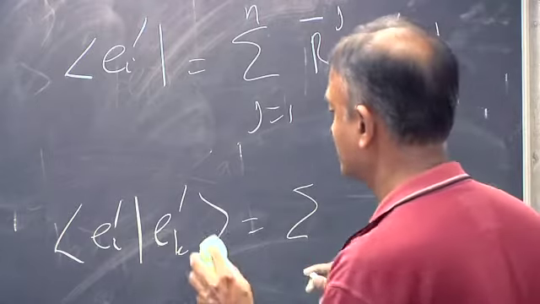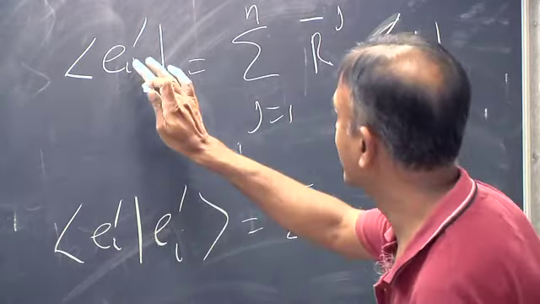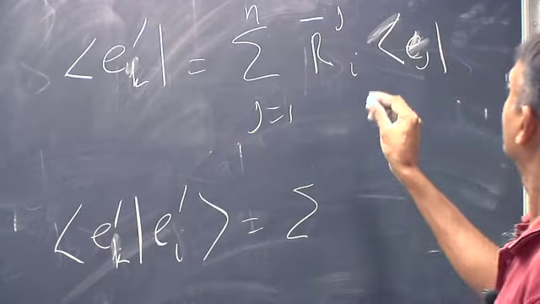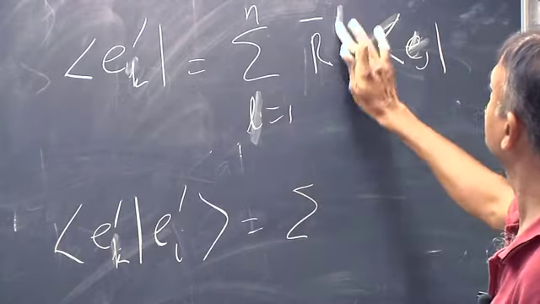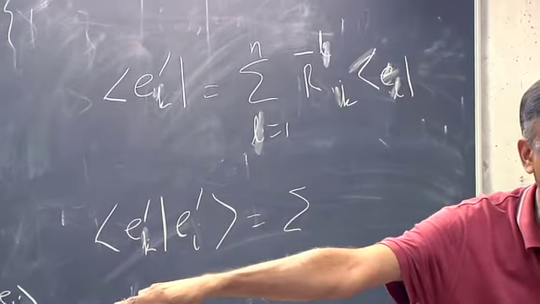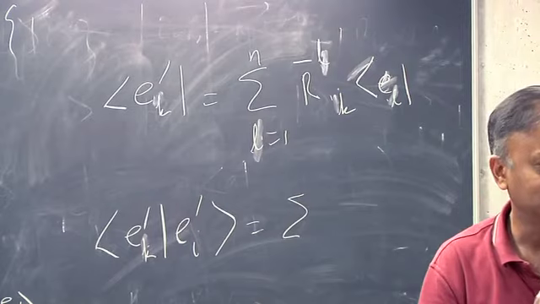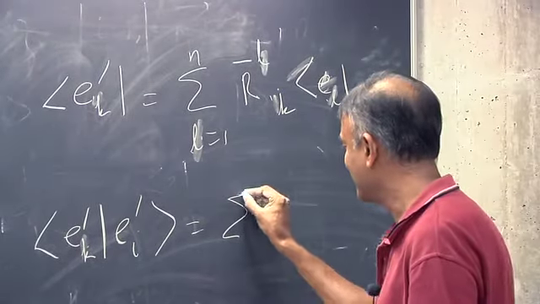Let's do the following. Not to use the same index, this one I keep as i, this one I put k, and here I put l. Otherwise, when you use these indices, you have to be careful.